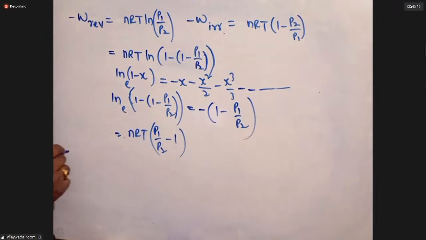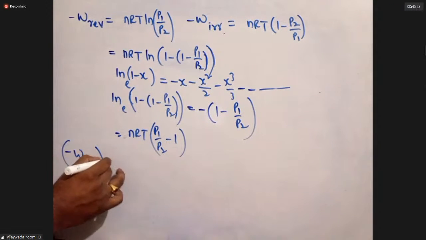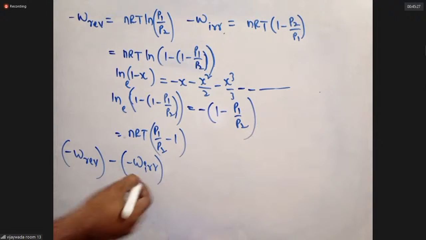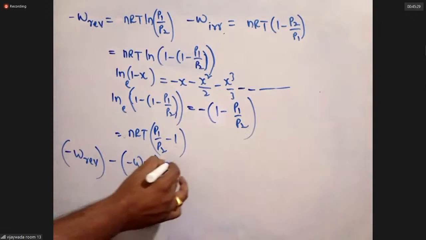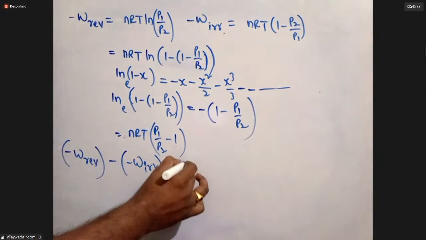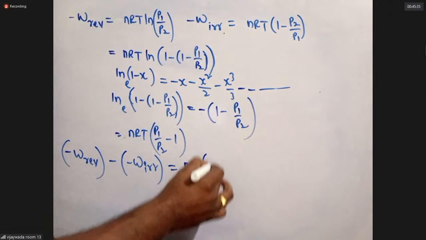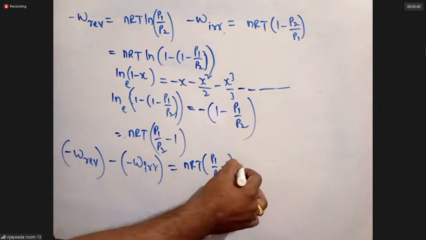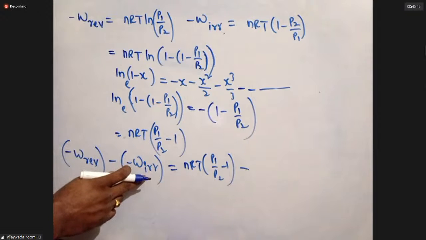Students, now do minus work done reversible, that is, work done by the system, minus work done by the system in irreversible. What is the work done in a reversible process? nRT into P1 by P2 minus 1, minus work done by the system in irreversible process.